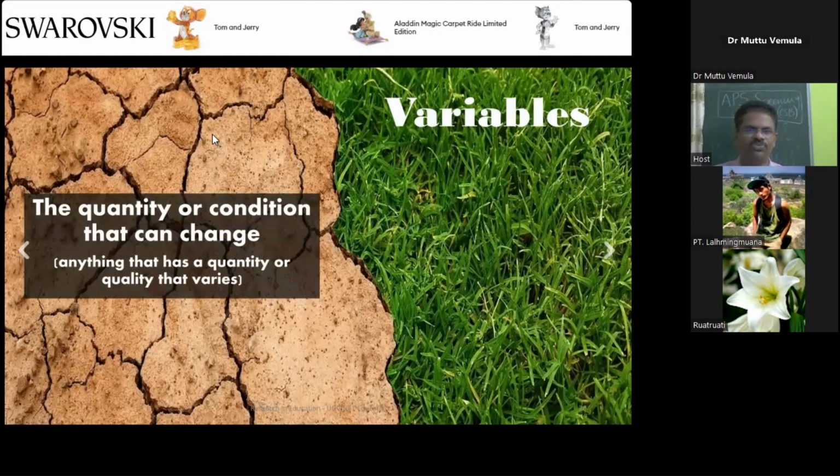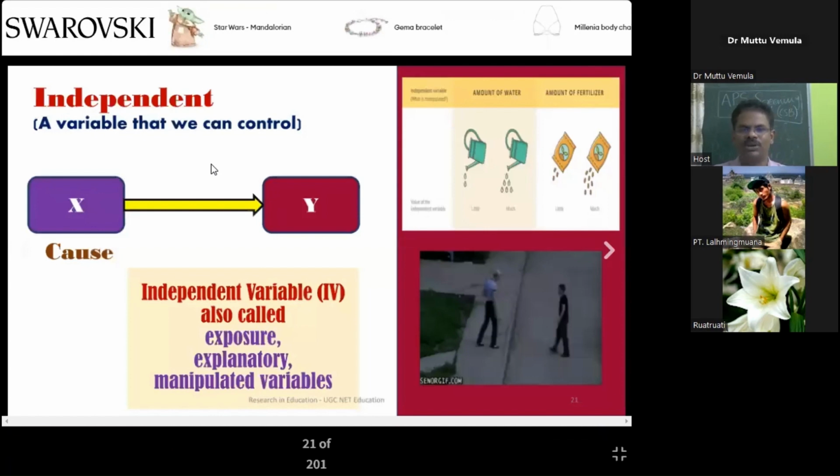Now, how many types of variables are there in a research? Broadly, we talk about three types of variables: the independent variable, the dependent variable, and intervening variables. So now let us look at each of them. What is an independent variable? A variable that we can control, or otherwise independent variable is also known as cause.